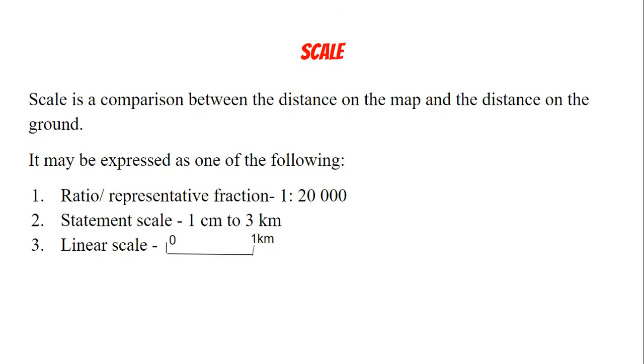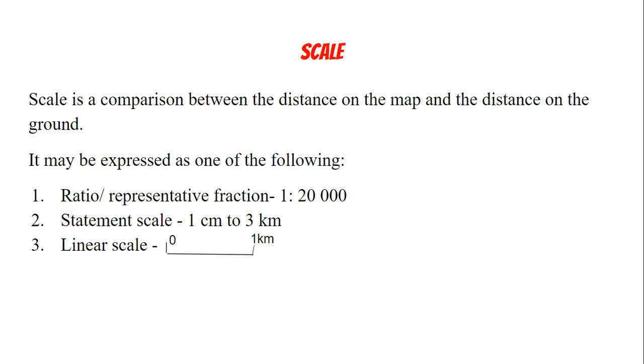The statement scale, as you can see there, shows 2 units. We know that centimeter is a smaller unit than kilometer. So the value being used at the centimeter is showing the map distance, which is always smaller. And the value being used at the kilometer is showing the ground distance.